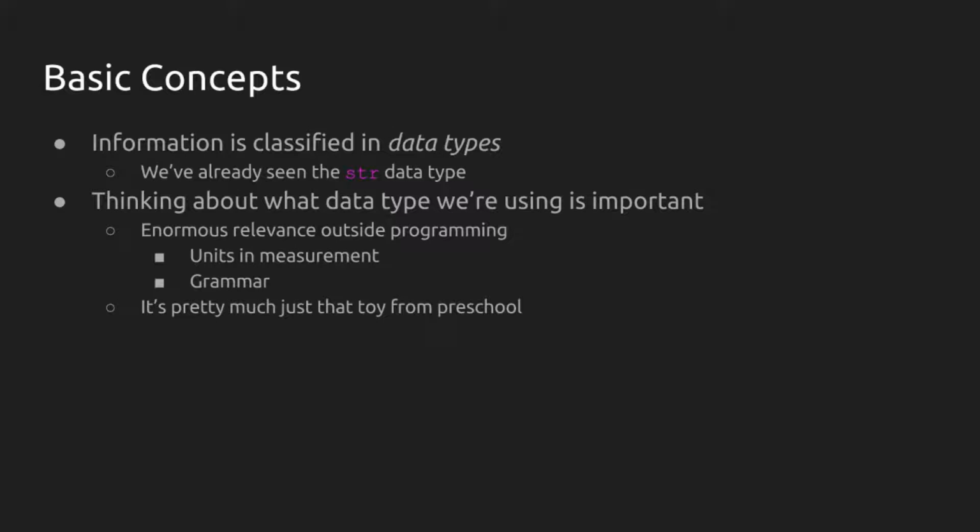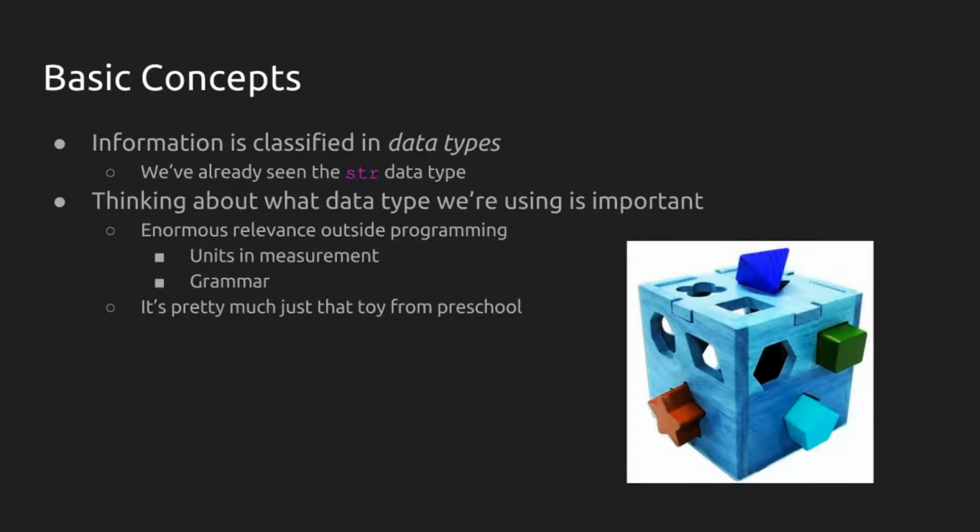I think about it a lot like that toy from preschool where you have to put shapes into the certain shaped holes. You can think of the program as the box, and it has these interfaces for input, and you have to create input that matches the shape of that interface.